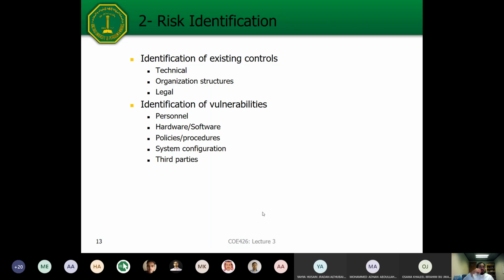Identification of vulnerabilities. Whether it's from personnel, where there is a weak link in human power, or maybe from hardware and software. While looking for vulnerabilities, security experts usually have a system called Nessus, where they share all the vulnerabilities found globally in all the systems.